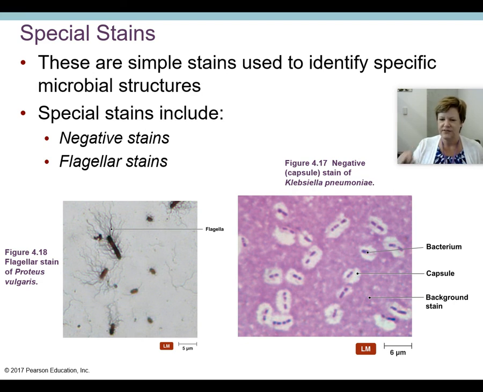So around the part of the cell where the cell wall is. So when you see these clear spaces, that means there is some kind of glycocalyx. So that's called a negative stain because you're staining the background more so, and the capsule or the slime layer does not stain. It shows up sort of clear.